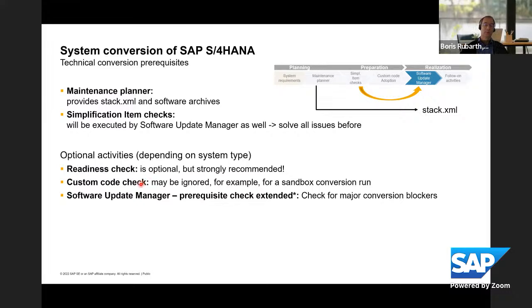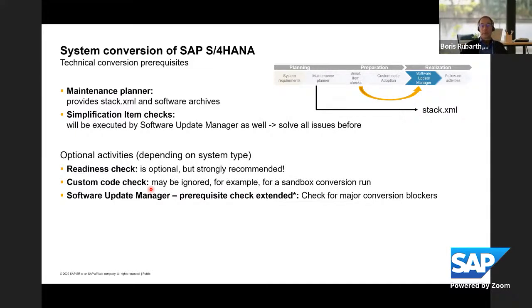That's why it's optional. Well, the custom code check can be ignored. You can start your first sandbox conversion without considering the custom code adaptation, since you check your custom code, but you adapt your custom code after the conversion, which would typically be done on the converted development system.